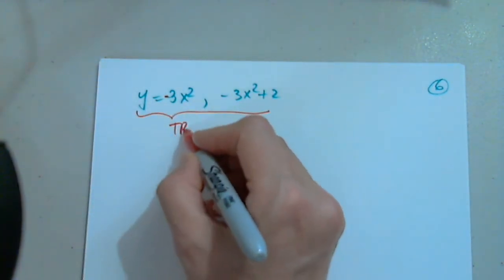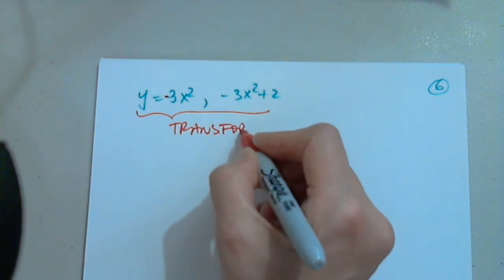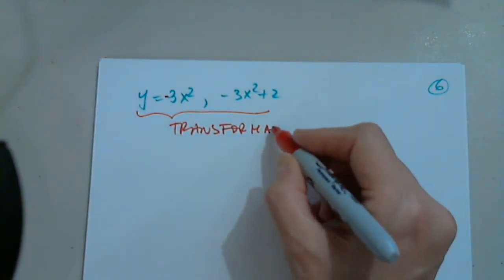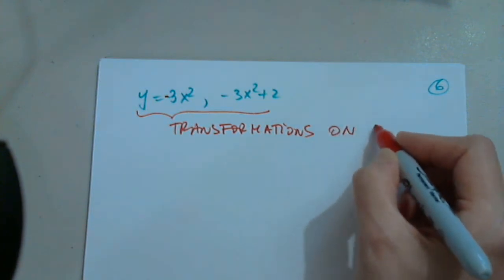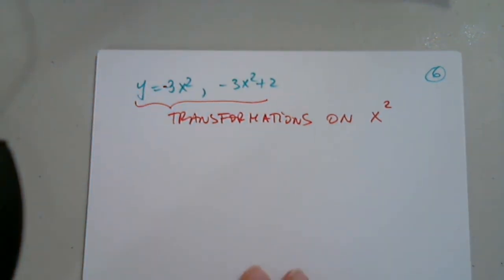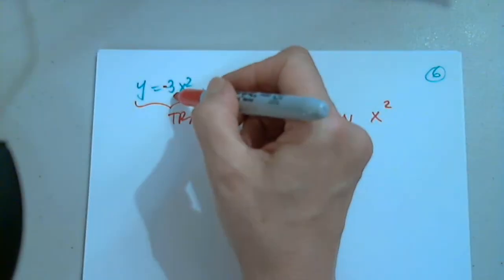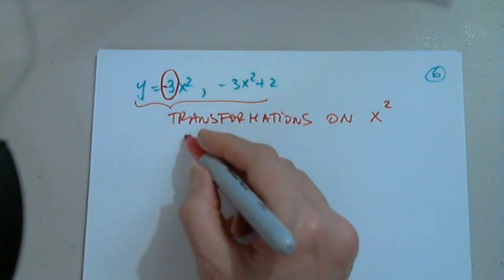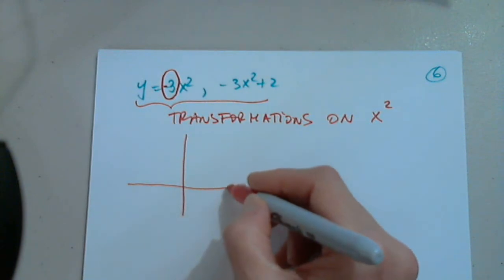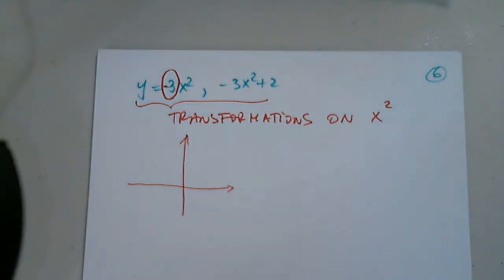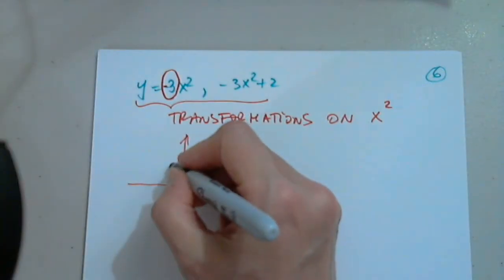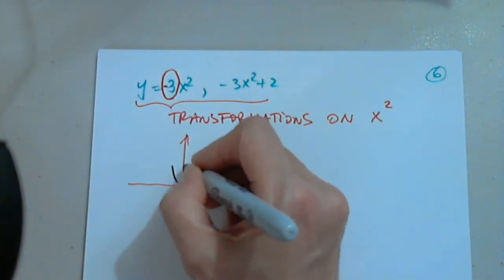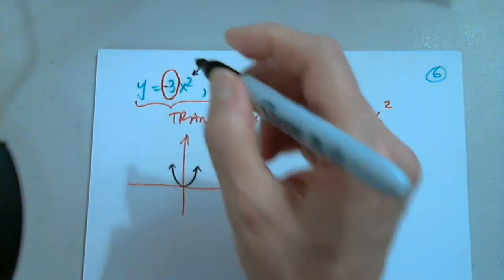These are simple transformations on x squared. So you may remember or you may not remember what happens when we multiply x squared by negative 3. So the graph of x squared, I'm skipping steps because I want to use transformations. So this is x squared, the base function.